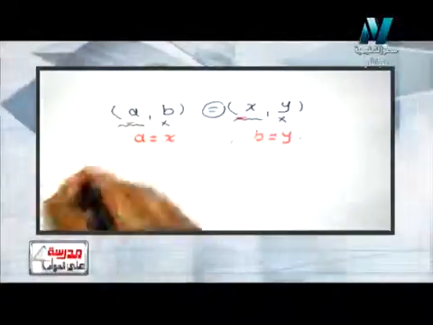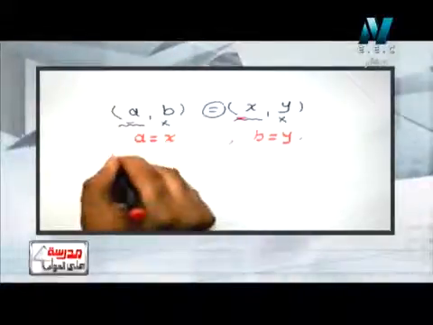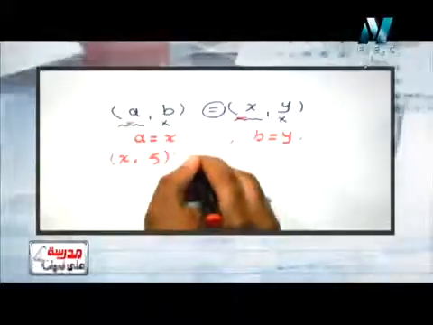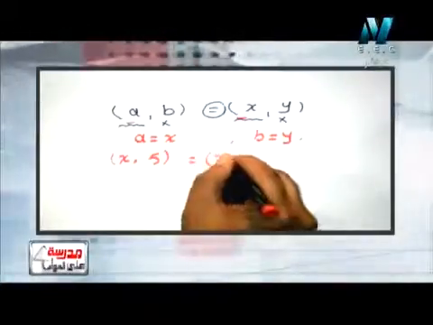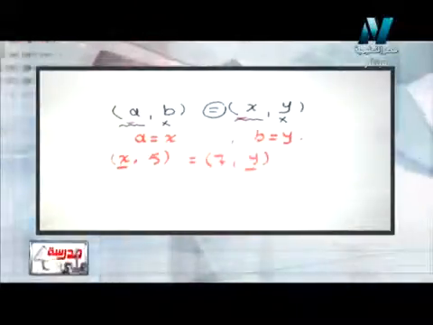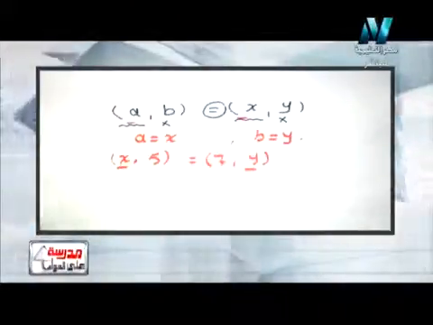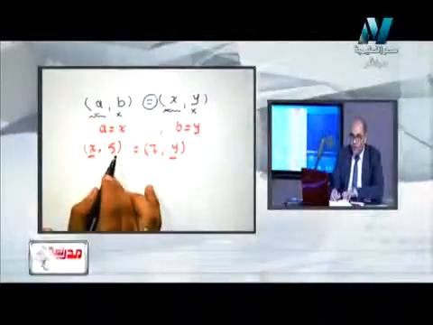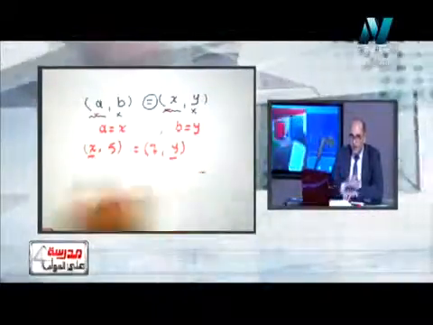Like (X, 5) equals (7, Y). Can you find X and Y in this question? Here we have two ordered pairs, (X, 5) and (7, Y).